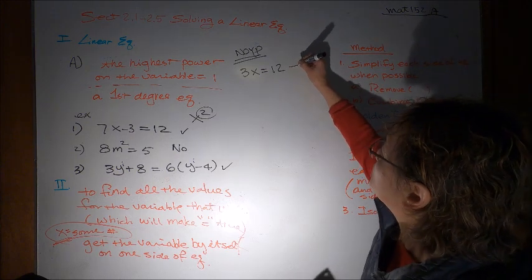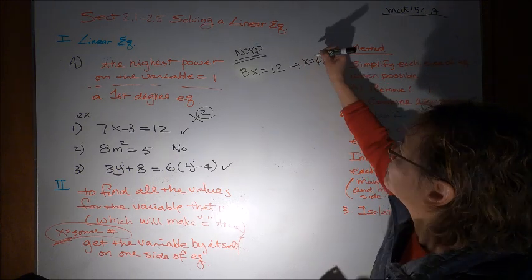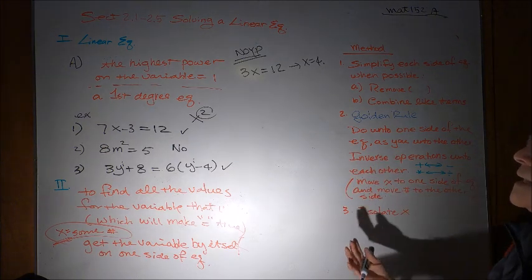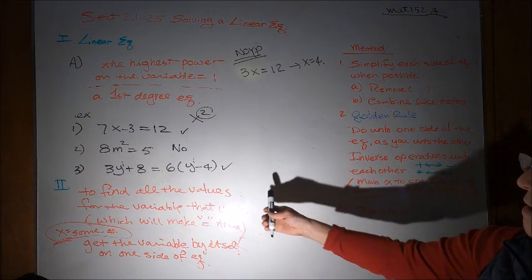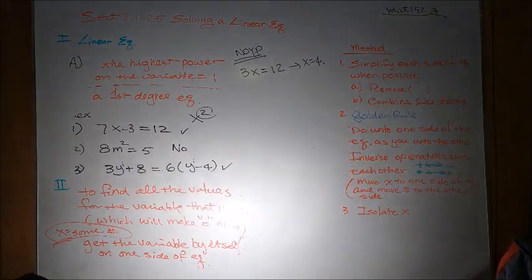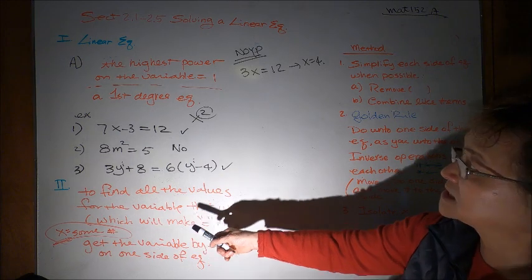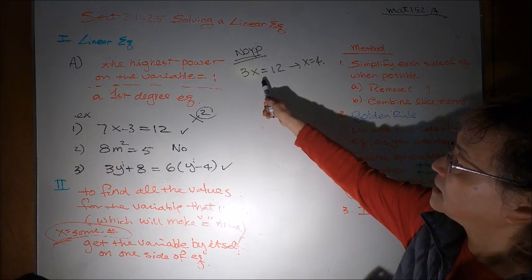So your x should be what? x equals 4. But how are we going to do it systematically when the situation is complicated? We want to get x by itself.